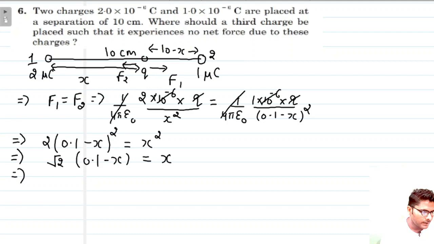So root 2 into 0.1. The root 2 is written as 1.414 into (0.1 minus x) should be equal to x.